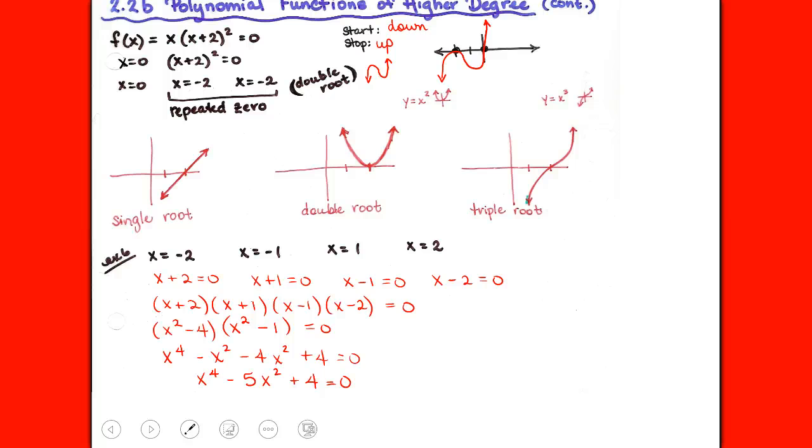Now, for these problems, even in this example, it says there are many correct solutions. In the back of the book, when you do a homework problem like this, it will probably say something like answers may vary or there are many correct solutions. The reason for that is, yes, this is the base polynomial, but there would be a whole family of functions that would give me those same solutions.